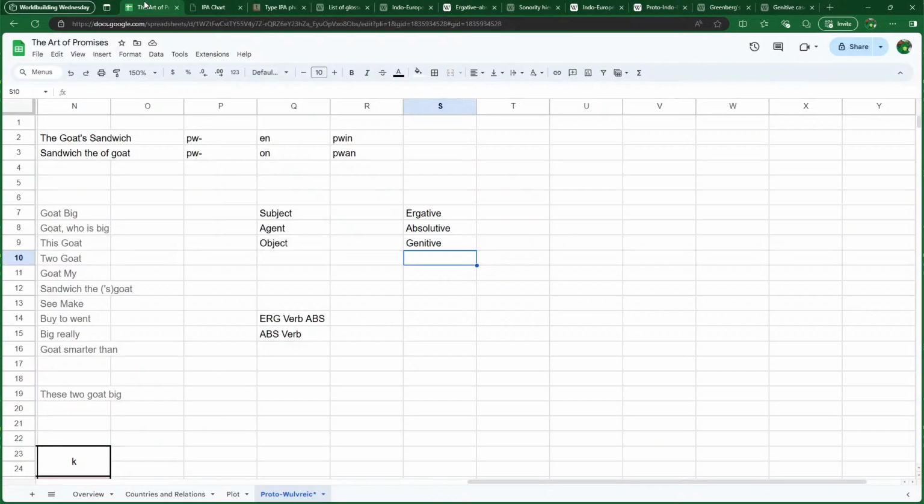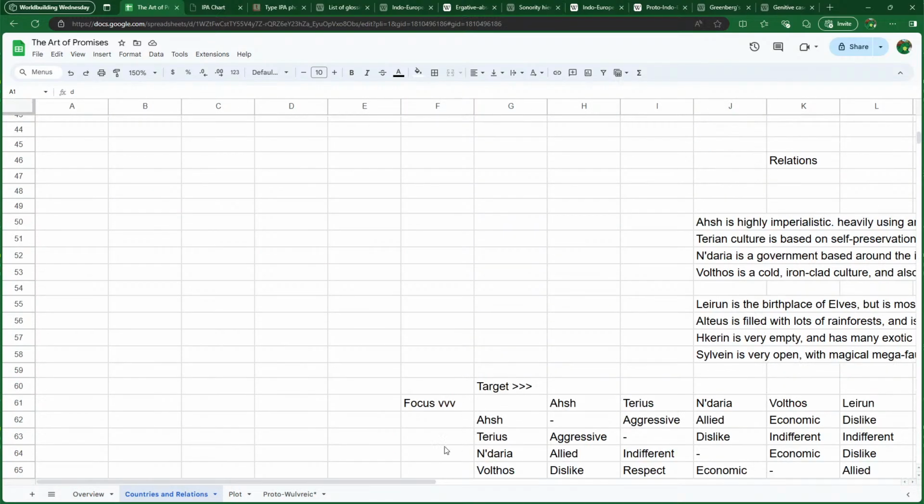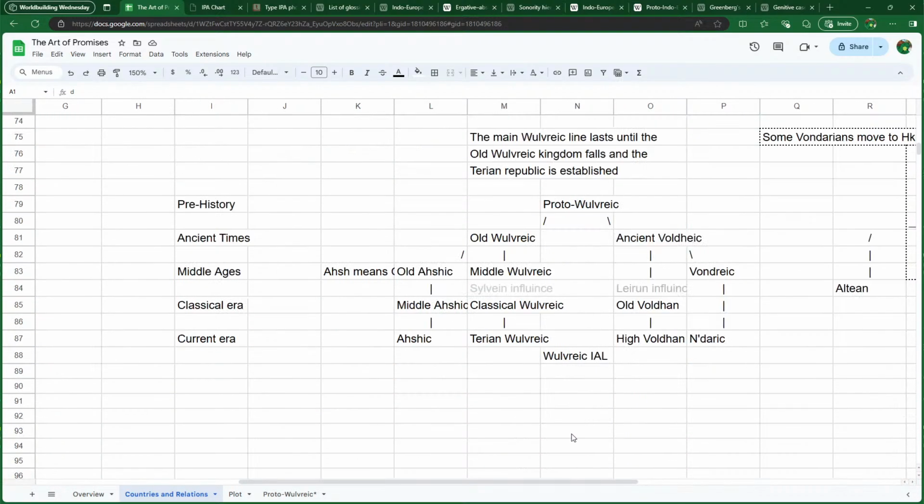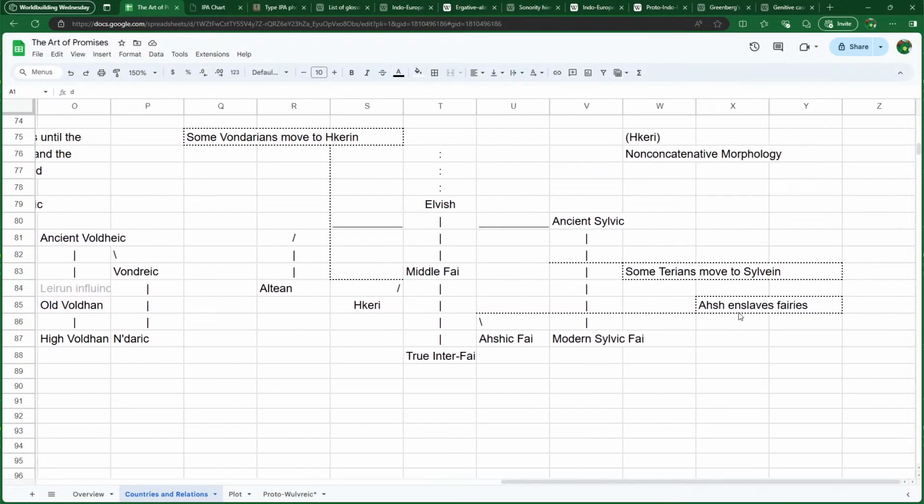Because see, here's the thing. The fairies who will be speaking the fairy languages down here, right? These guys are super particular about their specificity, right?